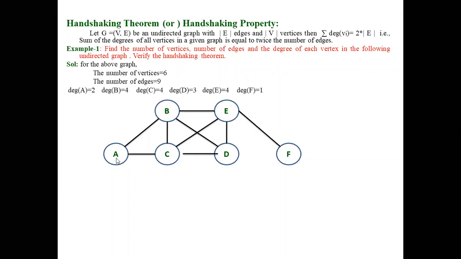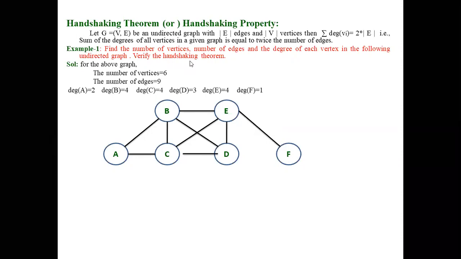So degree of A is equal to 2 and degree of B is equal to 4, 1, 2, 3, 4, and degree of C is equal to 4 and degree of D is equal to 3, and degree of E is equal to 4, and degree of F has only one edge. So degree of F is equal to 1. So number of vertices 6 and number of edges 9.